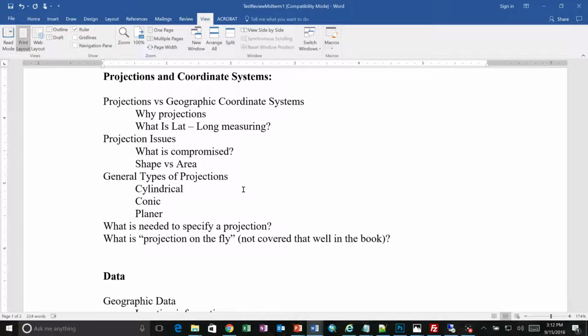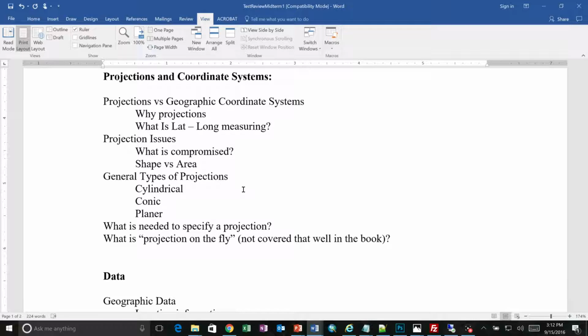But those two middle D's, distance and direction, are really distortions that can be boiled down to the trade-off between shape and area. Because if you start messing with the shape, you've got to be messing with distances and directions. But there's no test question that says distance and direction. I kept it like the lecture where I talk about the trade-off between shape and area.